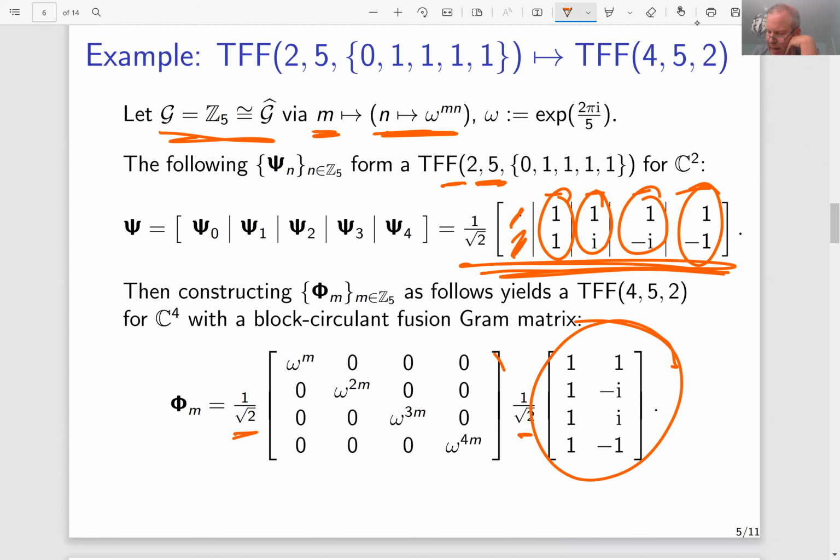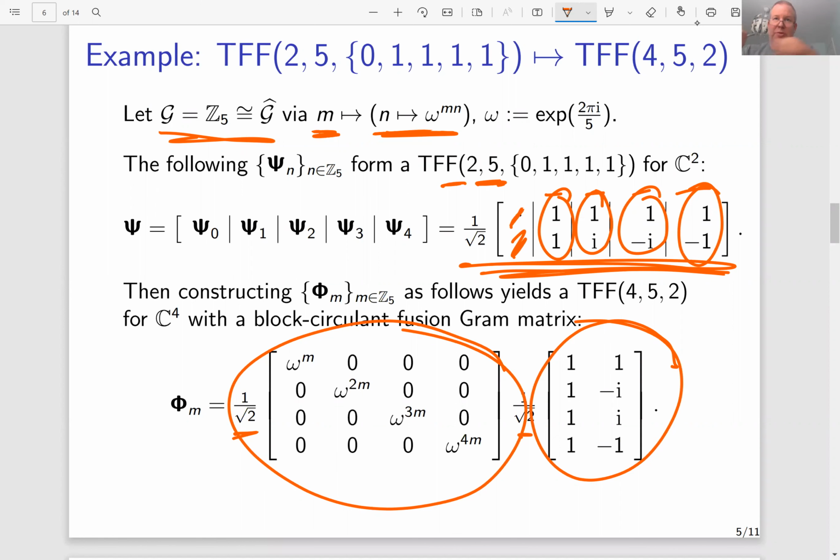And if you act upon it by an abelian group of unitary matrices, what you can do is generate other subspaces. What I was actually doing in that earlier example was I had 5 subspaces, 1 of dimension 0 and 4 of dimension 1, but I had an underlying group of the integers modulo 5.